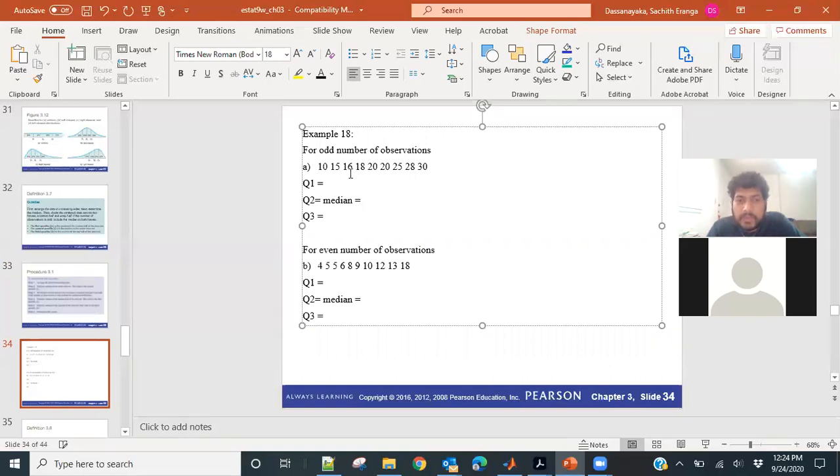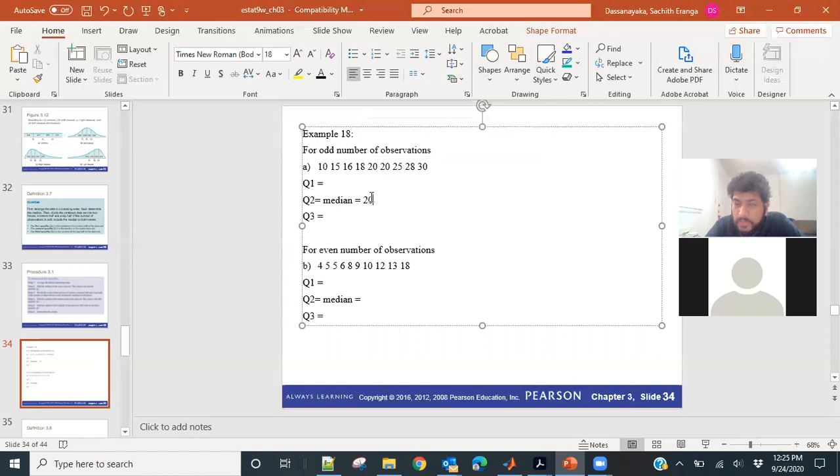Here you have 9 observations. So 9 plus 1 is 10, divided by 2 is 5. The fifth position is your median: 1, 2, 3, 4, 5. So your median is 20.